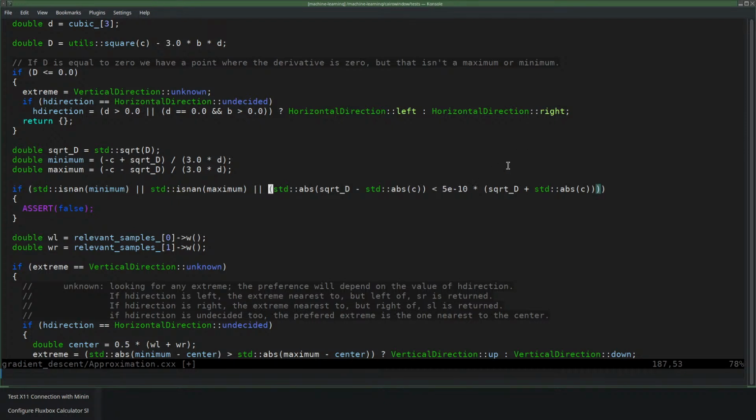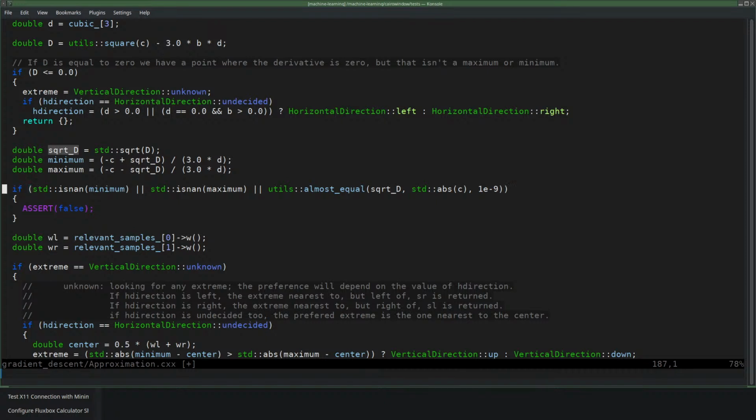Okay, so utils almost equal, the square root of d and the absolute value of c, 10e minus 9. That totally looks wrong. Probably like that.